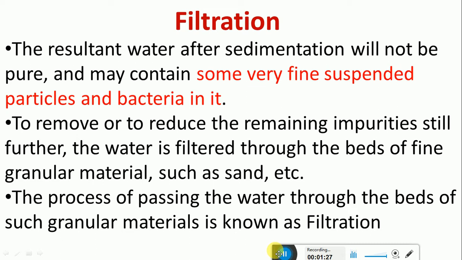Impurities are removed only with respect to their size. Because of the sedimentation process, the heavier particles will settle on their own if their specific gravity is greater than water. Apart from that, when we add coagulants, even finer particles, that is colloidal particles, are removed, and some amount of turbidity is removed.